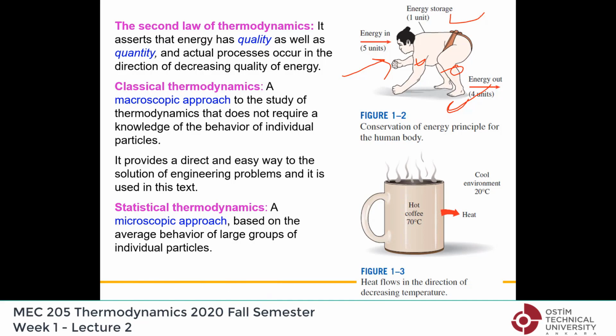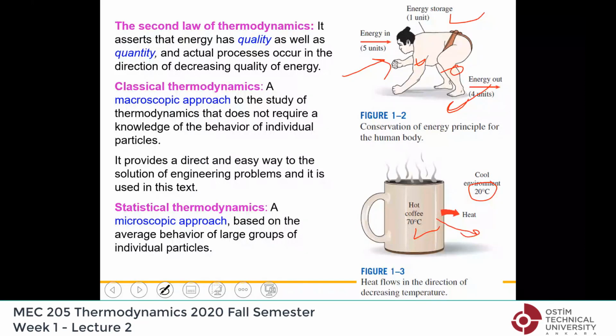And the second law, just to give you a sense, again, let's say we have coffee at 70 degrees and the environment is at 20 degrees, okay? We know that heat will be transferred because of this temperature difference from the coffee to the air outside, okay?